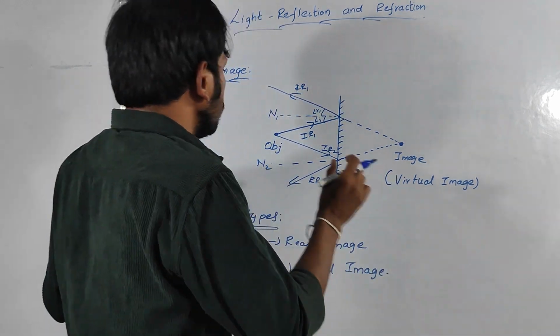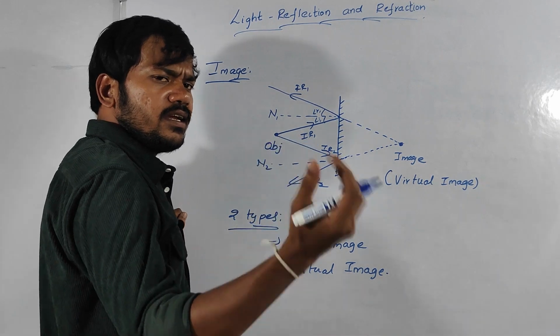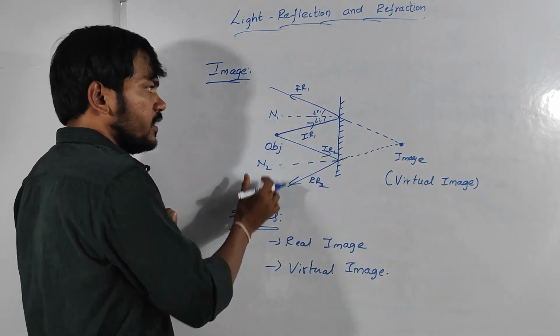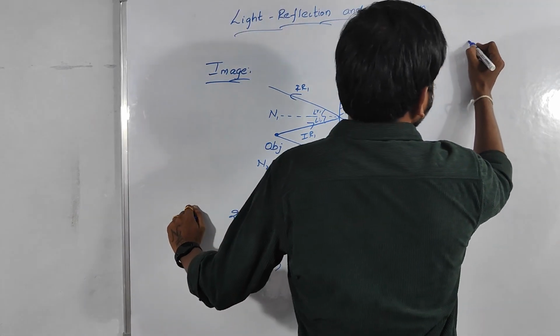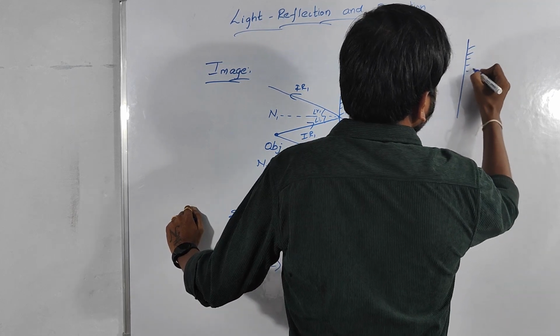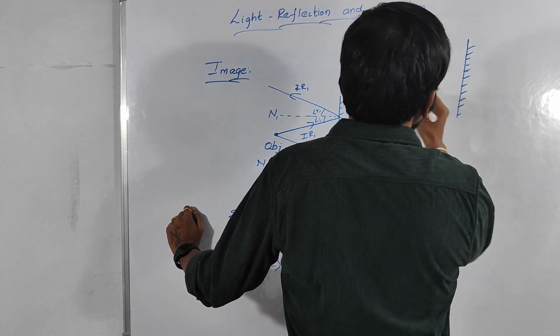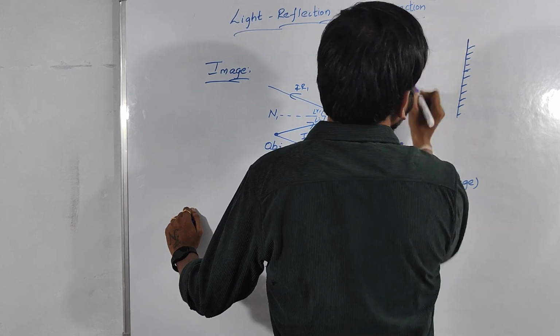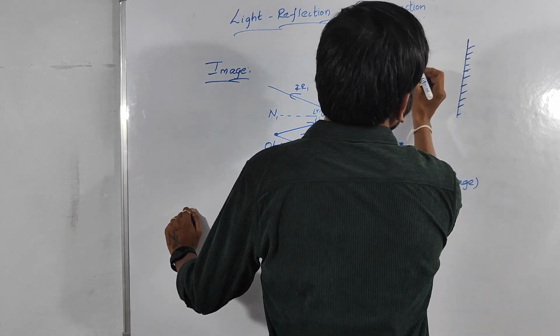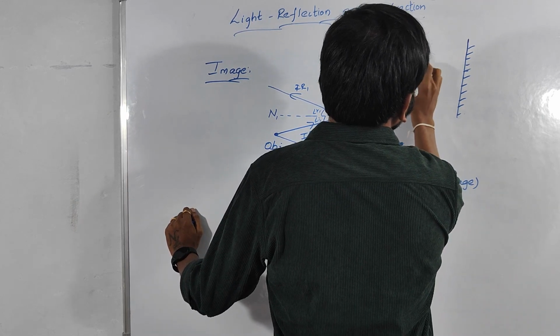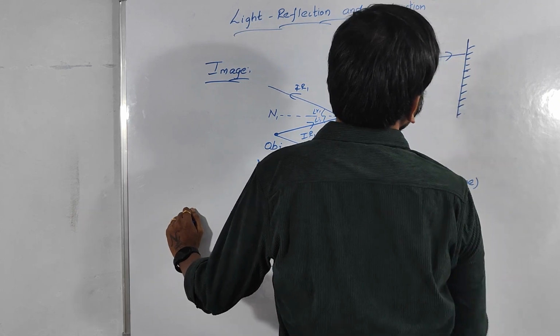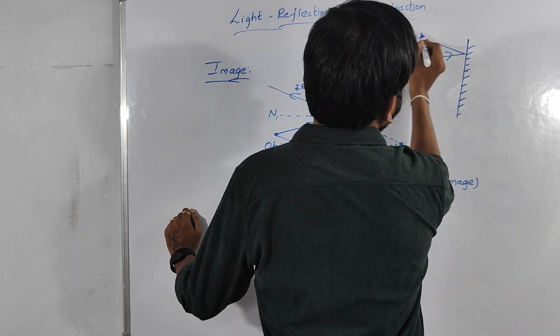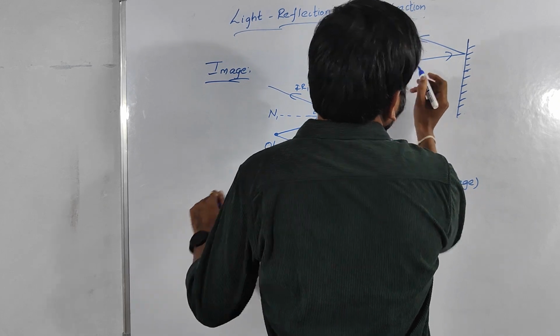Okay, so whenever there is a point object, or if you take any object, let me put one object of a particular size, consider this arrow. Now there is an incident ray from this point, and a reflected ray from it.